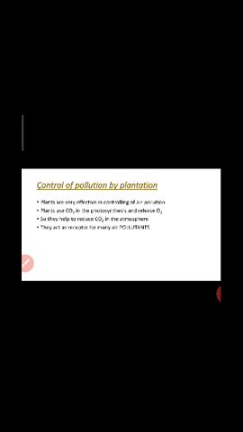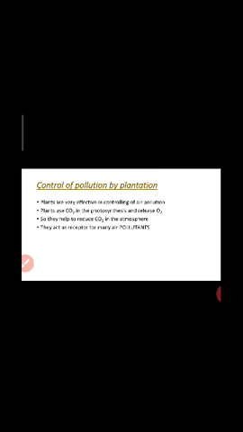Control of air pollution by plantation. Plants are very effective in controlling air pollution. Plants use carbon dioxide in photosynthesis and release oxygen, so they help to reduce the carbon dioxide in the atmosphere.